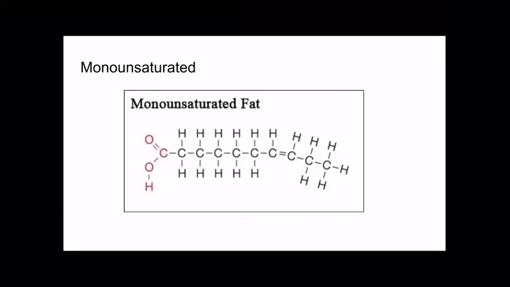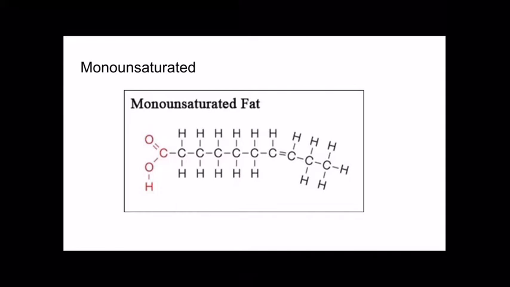But anyway, a monounsaturated fat is a fatty acid in which there is one place that is not completely saturated with hydrogens, and that's at that place where there's that double bond. So mono means one, un means not, and saturated means saturated with hydrogen atoms. So a monounsaturated fat has one position in which the carbons are not completely saturated with hydrogen, and we can see that that's where that double bond is.